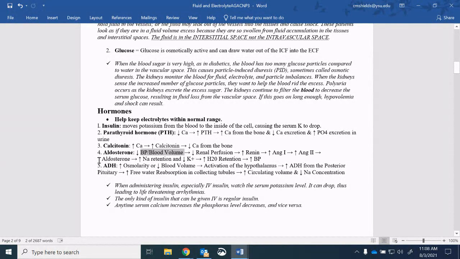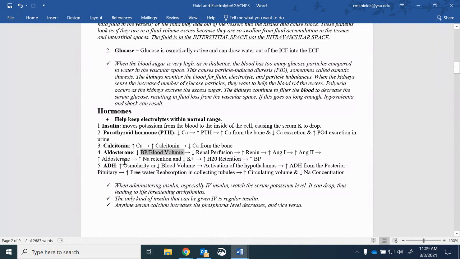Angiotensin 2 now initiates an increased aldosterone. If you see aldosterone, you think sodium retention. Aldosterone increases, so our kidneys say, hey, we're going to hold on to sodium. And because aldosterone is secreted and sodium is retained, you must know that aldosterone causes a decrease in potassium. Very important concept.